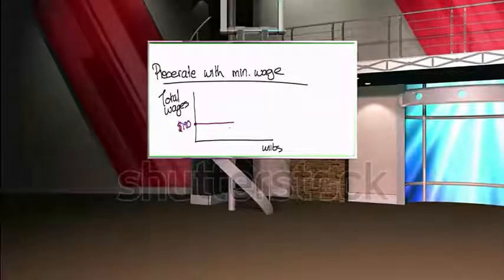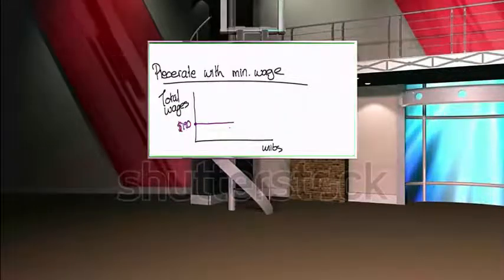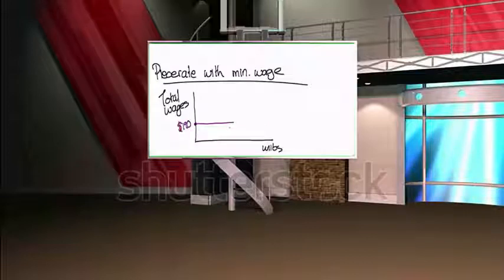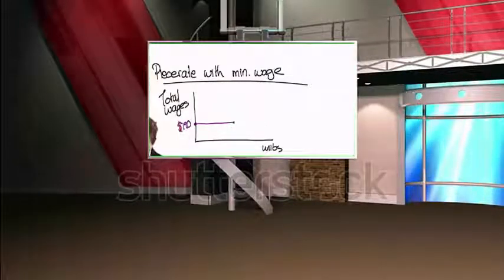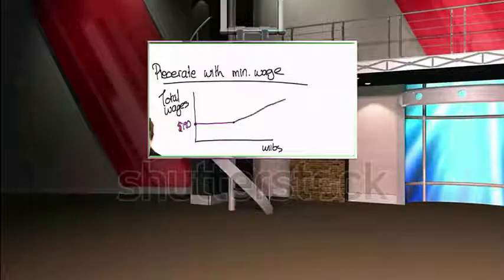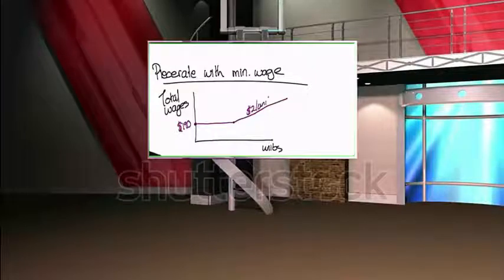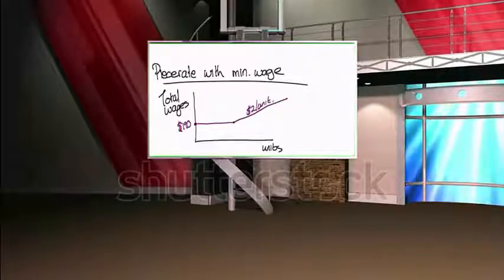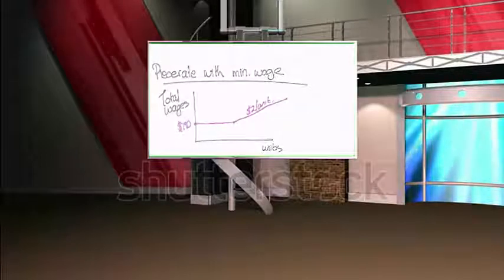Once their activity gets to a certain level, they will then have earned more than the minimum wage. Once they get to this level, their total wages will start to increase at a rate of $2 per unit. And they are our different labour systems.